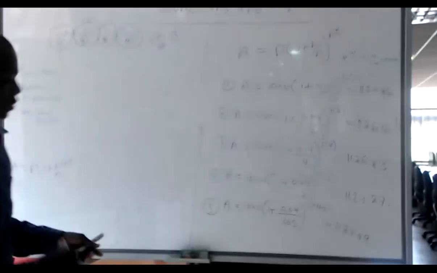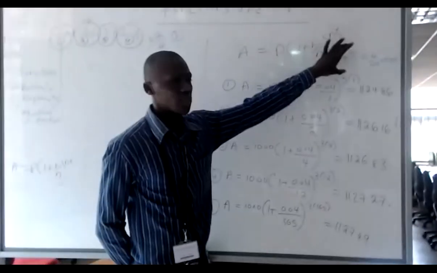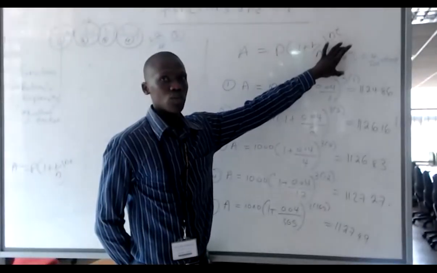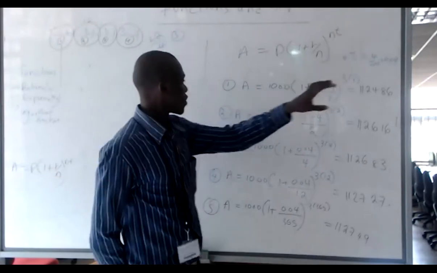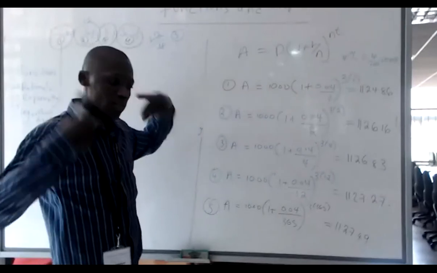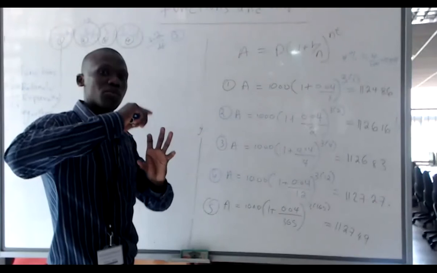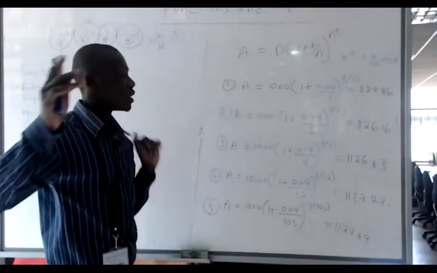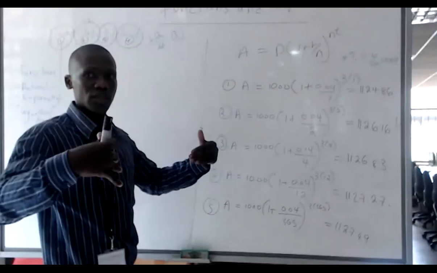What do you notice? It's the same amount of money invested at the same interest rate per annum, but we're doing the compounding differently. For the first one, we're doing the compounding per annum: get the interest earned in 1 year, add it to the principal, use that as the principal for the next year, for the 3 years. The second one, we're doing the compounding after every 6 months.